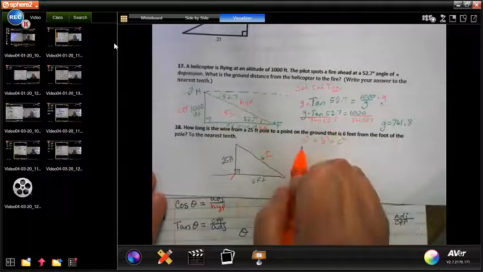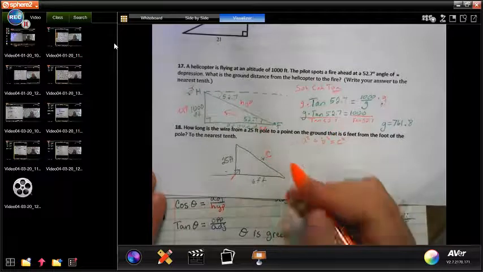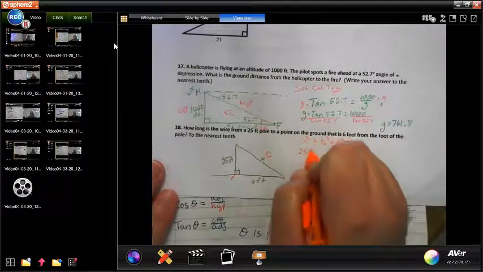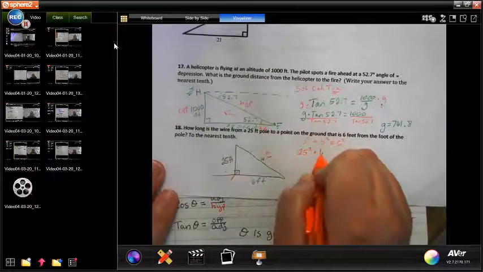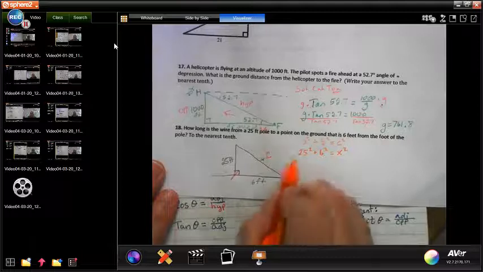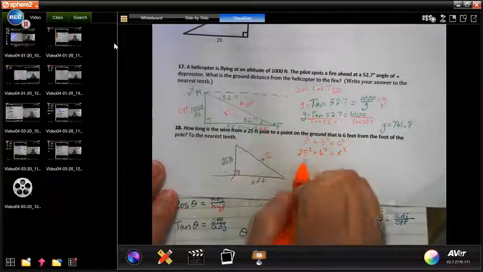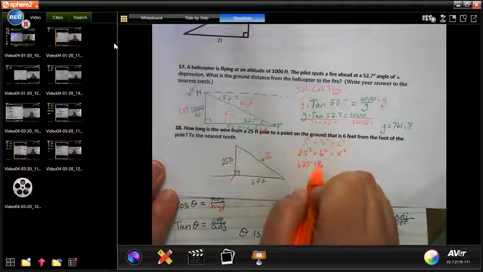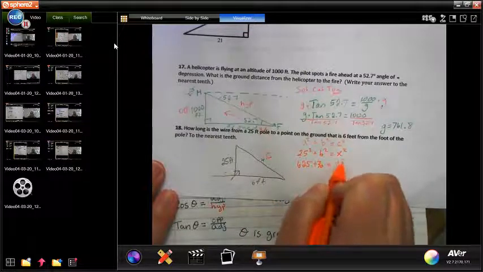Plug it in. Okay, I think my orange is getting low. 25 squared plus 6 squared equals X squared. So 25 squared, 25 times 25 is 625, plus 36 equals X squared.